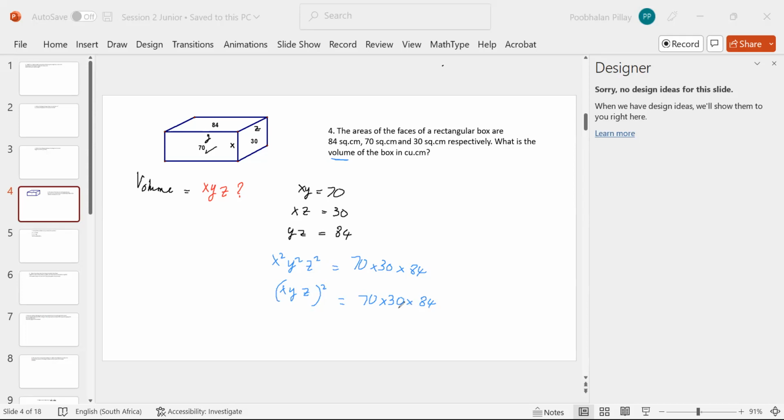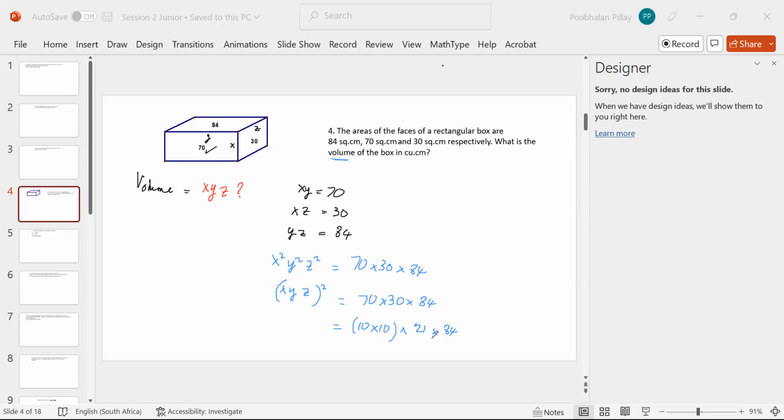So how do you find out which number multiplied by itself gives you this? Well, let's see. You can take out the two 10s, because you got 10 times 7, and 10 times 3. So it's 7 times 3, which is 21, times 84.